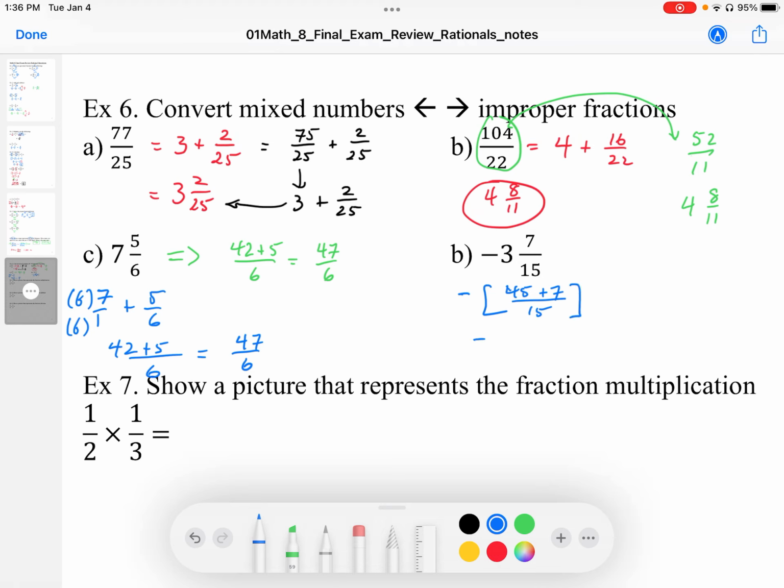And so this is negative 52 over 15. Okay, so just be careful. I'm just going to highlight that. Just be careful of that negative on that, and keep that separate from conversion of mixed number to improper fraction.